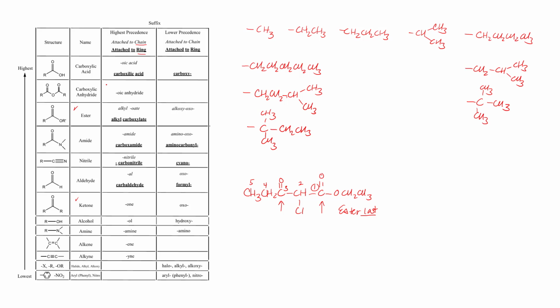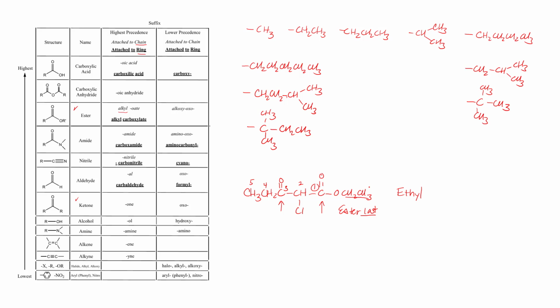And typically any group that's automatically given the number 1 carbon position, you don't have to put the 1 in. So when we look at our ester over here, in this chart, we have to name the alkyl group that's attached to the alcohol portion of the carboxylic acid. And this should make a lot more sense now than it did back when we did this first semester. So that means this group is going to be an ethyl.